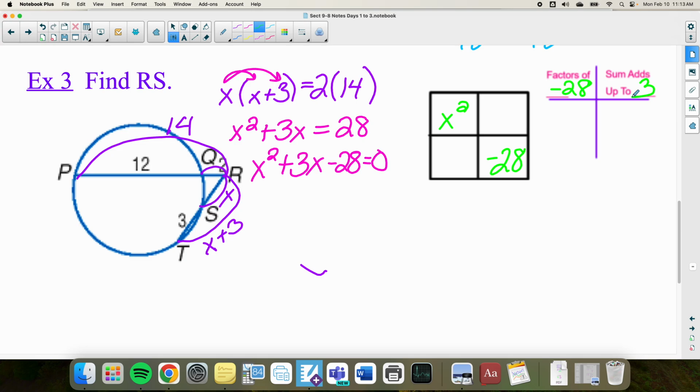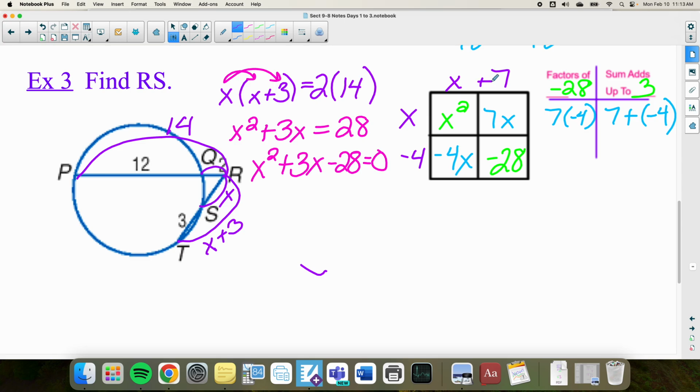7 and... Yes, very good. So it's gonna be 7 times a negative 4 is negative 28, and 7 plus a negative 4 is 3. So one of these is 7x, one is negative 4x. And then if that's x squared, it's gonna be x times x. 7x, this is 7. X times what gives me negative 4x, that's negative 4.